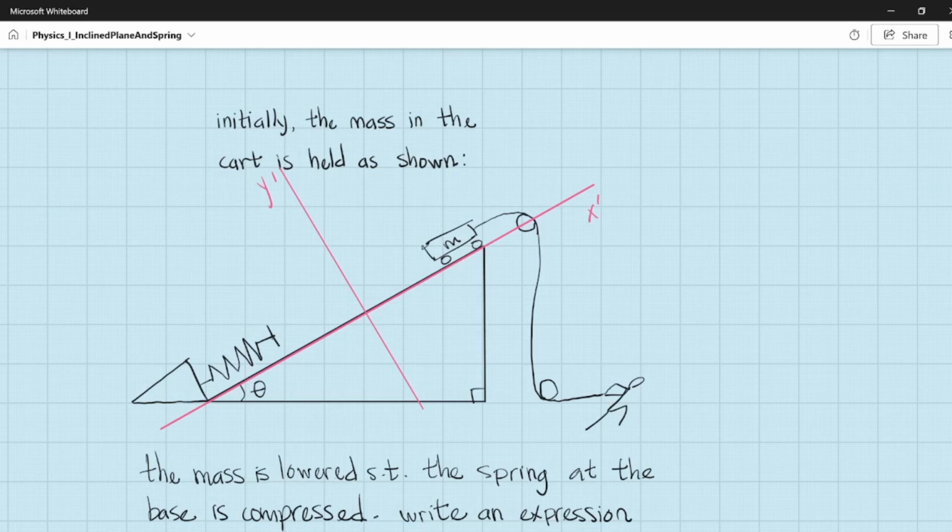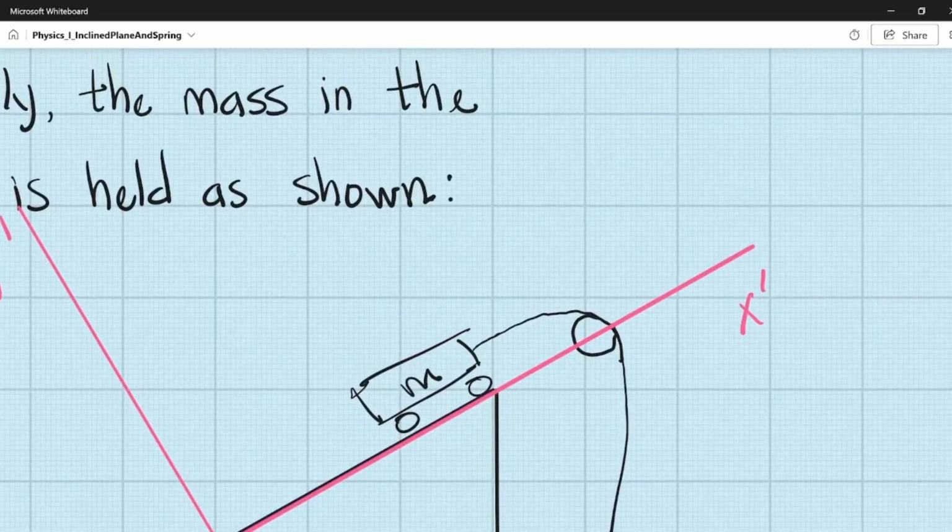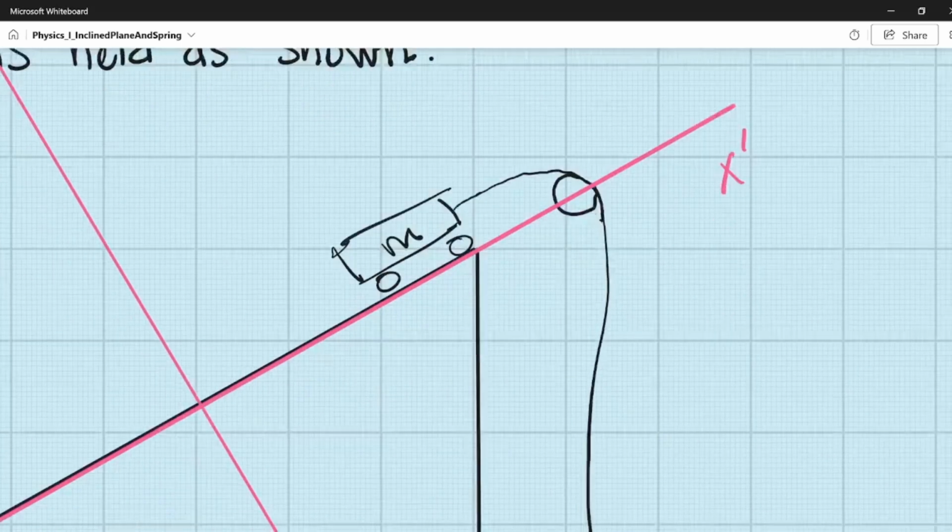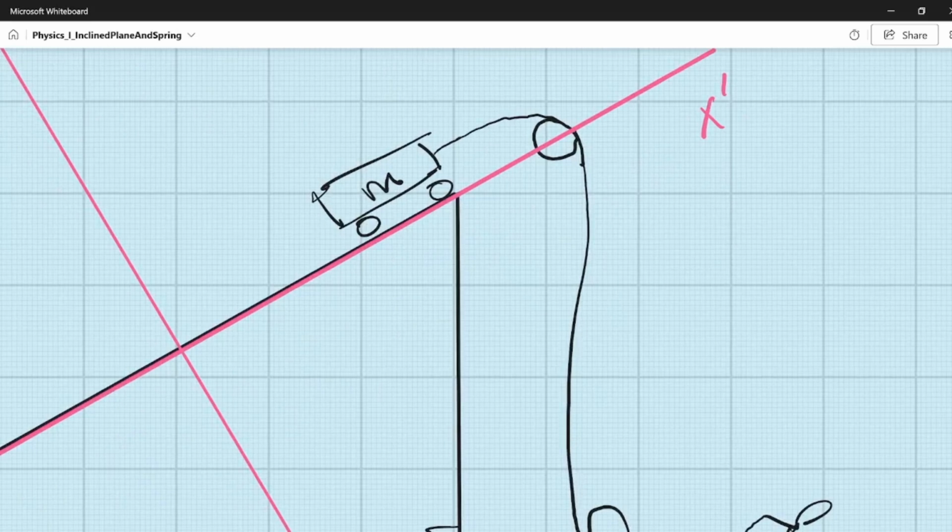What happens next is we can label the forces on our mass. So, because we've rotated our coordinate system, this one is going to be mg.